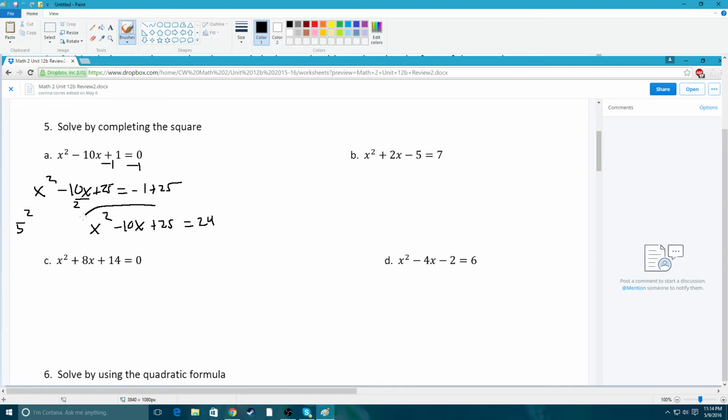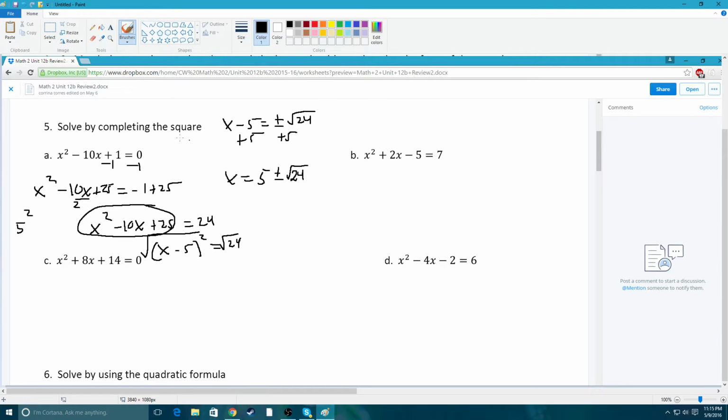If you factor this, you end up with x minus 5 squared equals 24. To get rid of the square, we square root both sides. So this becomes x minus 5 equals plus or minus root 24. If you add 5 to both sides, you get x equals 5 plus or minus the square root of 24.